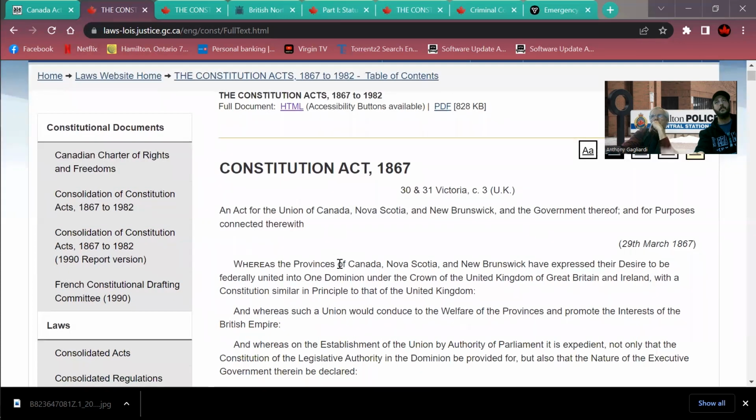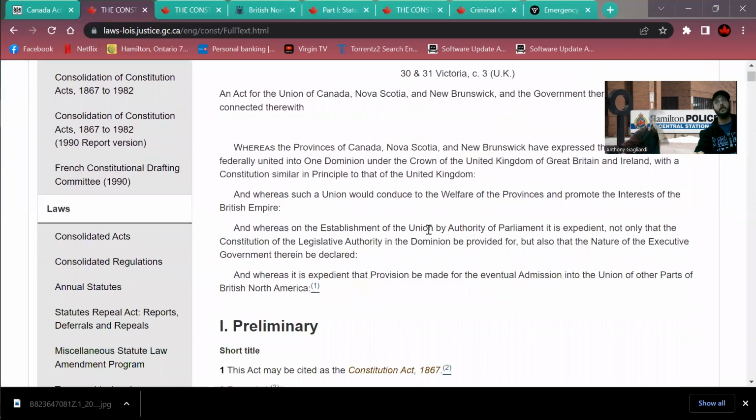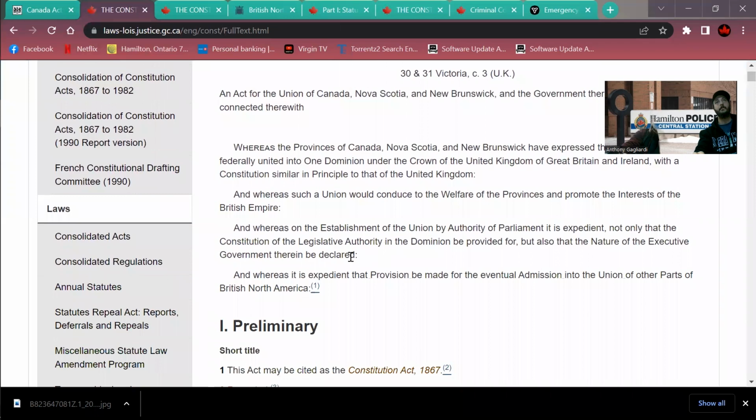So it also says here that whereas, and this is way back, the provinces of Canada, Nova Scotia, and New Brunswick have expressed their desire to be federally united in one dominion under the crown of the United Kingdom of Great Britain and Ireland, with a constitution similar in principle to that of the UK. So somehow somebody here said we want it to be part of the UK, which I don't think that anybody would volunteer to be under anybody else. So to me, that's a little suspicious.